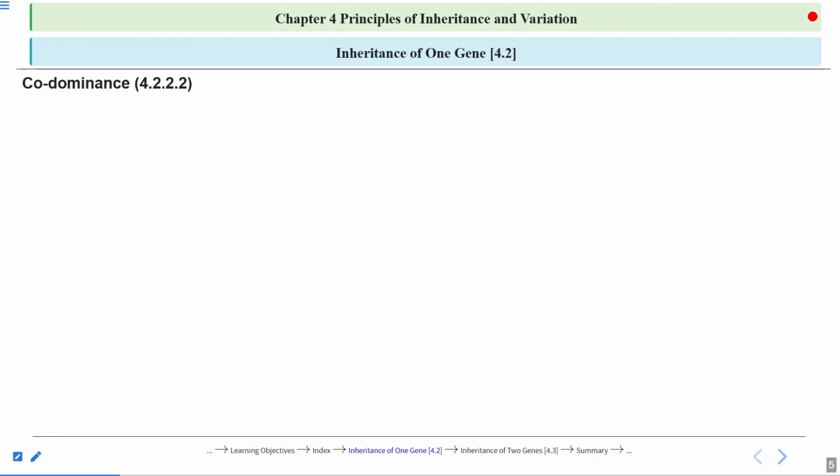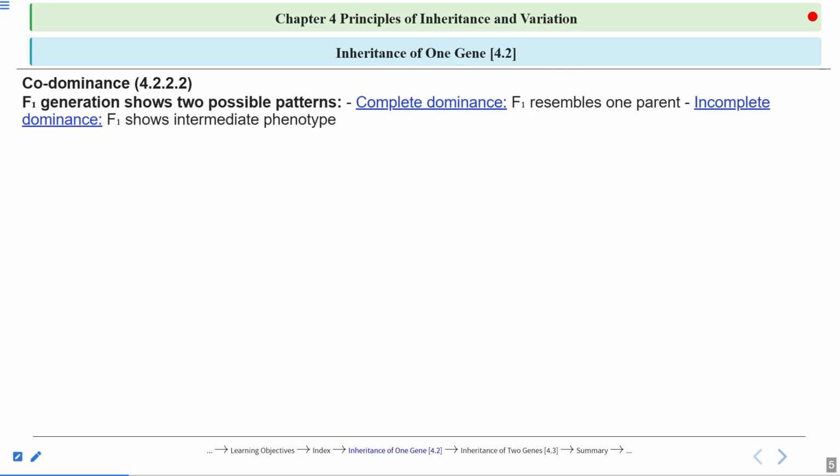Now let's begin with today's lecture. So we'll be talking about codominance. Earlier we have discussed that the F1 generation shows two possible patterns. First is the complete dominance, where the F1 generation resembles one of the parents. What happens in the complete dominance?